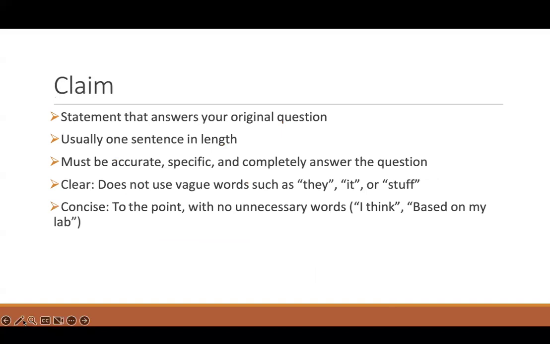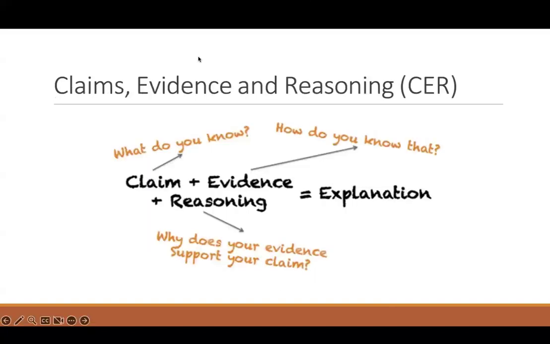So one of the things that we're going to look at in class is a way of writing called claim, evidence, and reasoning. And this is a way in which you can very methodically, very concisely state a conclusion in a way where your thoughts, the relationship of your data to your hypothesis, are all very succinctly communicated in an understandable way, because a lot of times students have a lot of problems doing this.